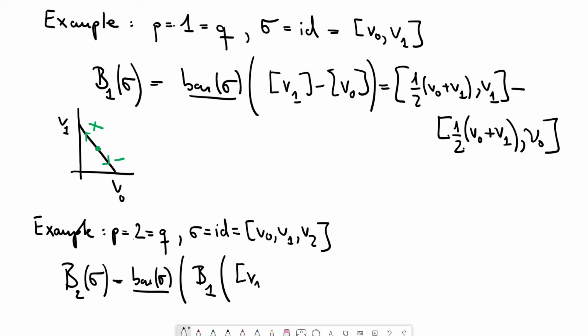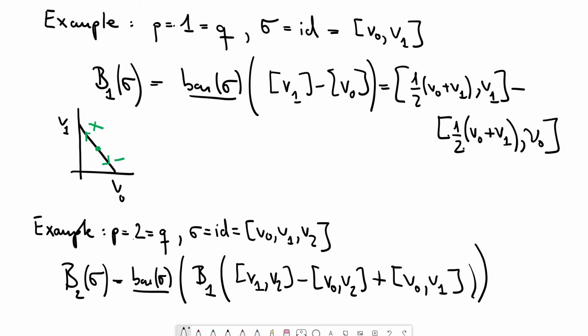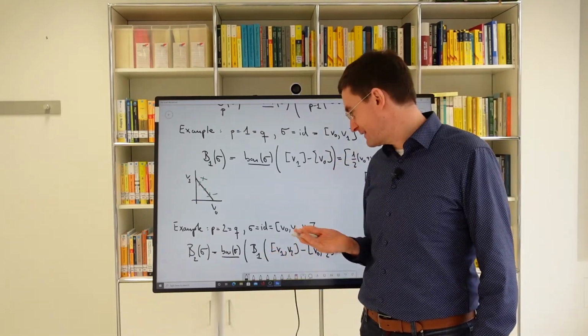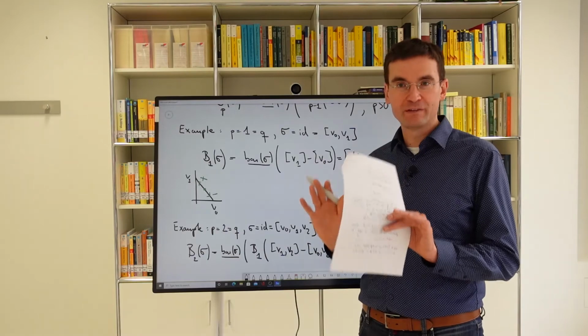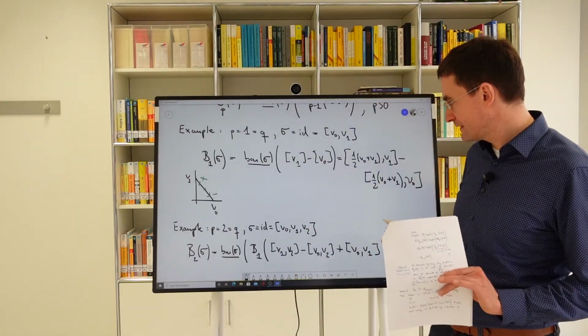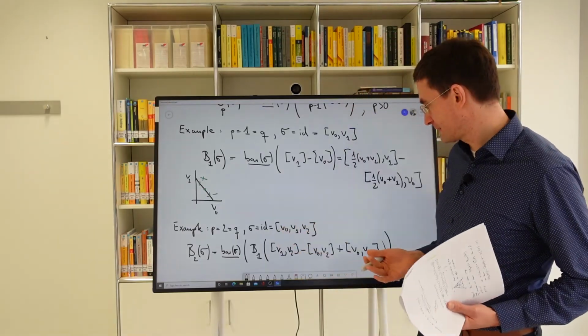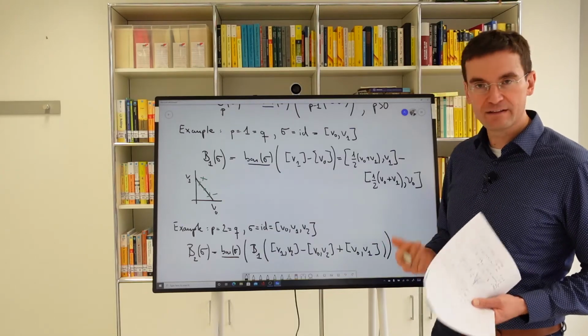It's dropping V0 minus dropping V1 plus dropping V2. Then we apply B_1. So now you see we have already here 3 singular simplices. Applying B_1 gives us, for each of these singular simplices, 2 simplices. So we have 6 singular simplices. The barycenter map just does something to each singular simplex, it doesn't increase the number of singular simplices. So in the end, we end up with 6 singular simplices.